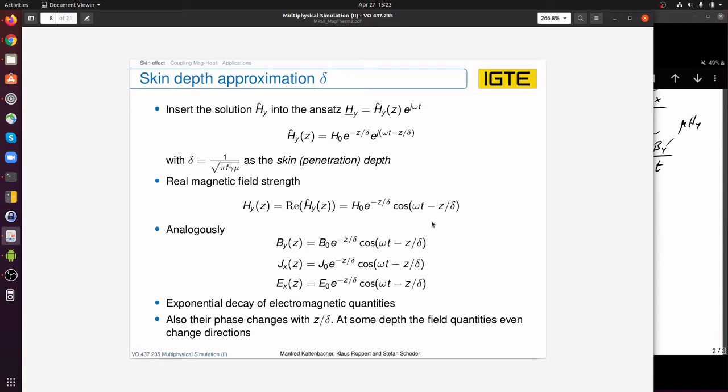So they're changing their phase. So at a certain depth, they're pointing in the opposite direction than at the surface. Okay, and you can also perform this derivation for the magnetic flux density, current density, and the E field.